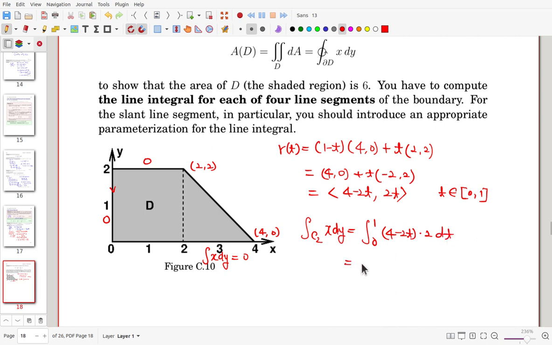So we have 2 times the antiderivative 4t minus t squared from 0 to 1. That is 2 times (4 minus 1), so we have 6. So from this portion the line integral is 6, and the others are 0, so the addition is 6, right?